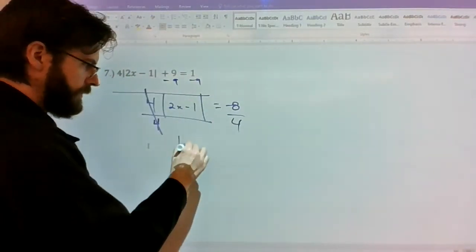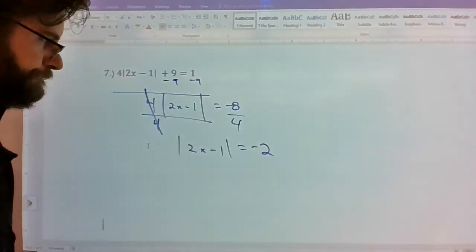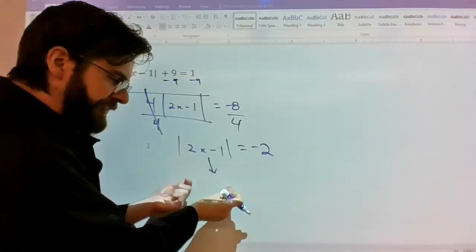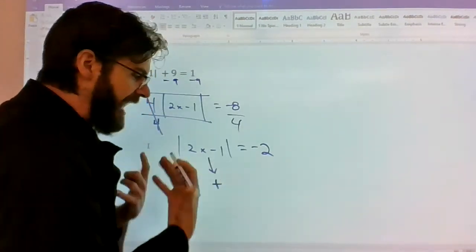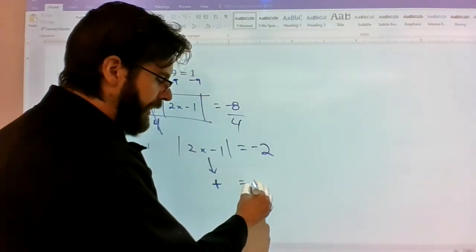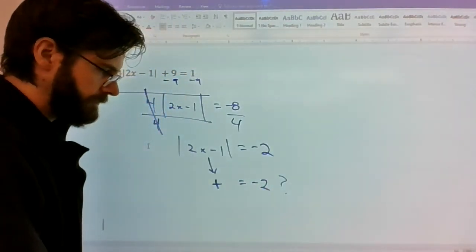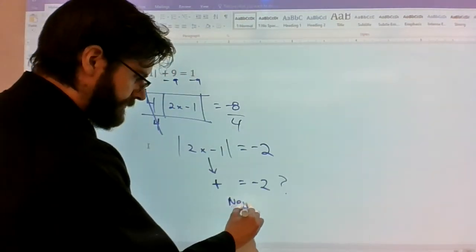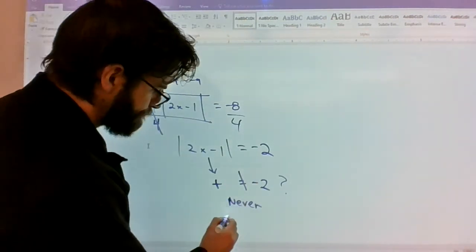They cancel. 2x minus 1 equals -2. Anything inside the bars yields a positive value. So when does a positive value equal -2? It doesn't, ever. So that's also no solution.